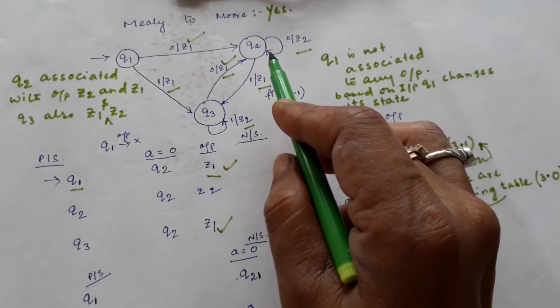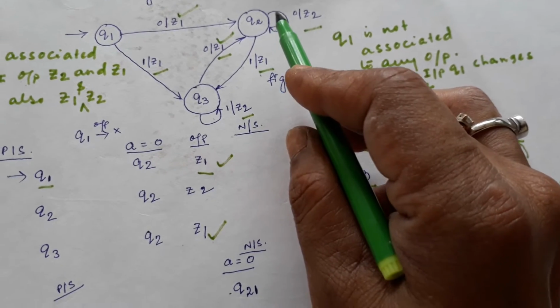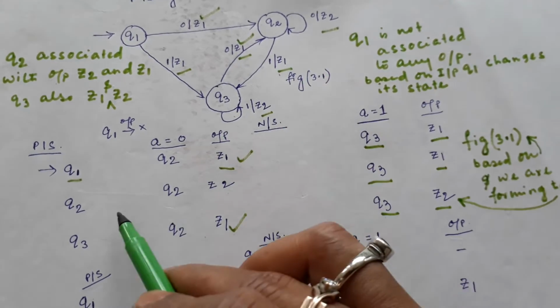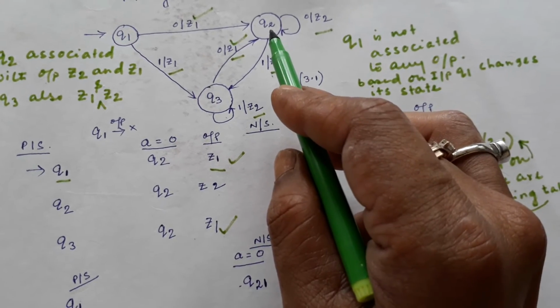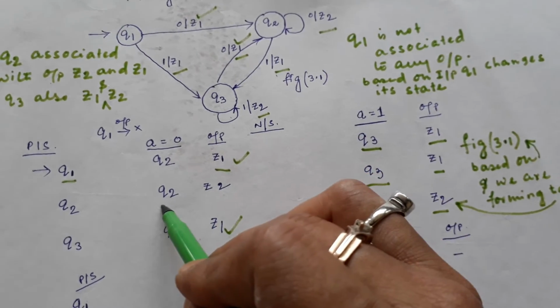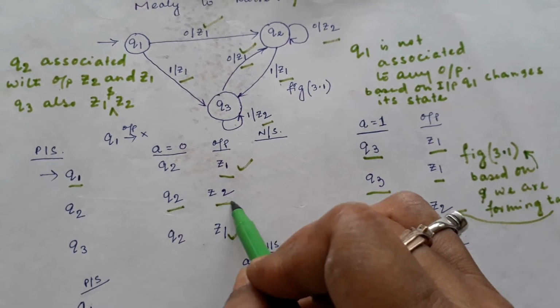On the other hand, if you put q2 to 0, it jumps to q2, the same state, and produces the output z2 in this case.